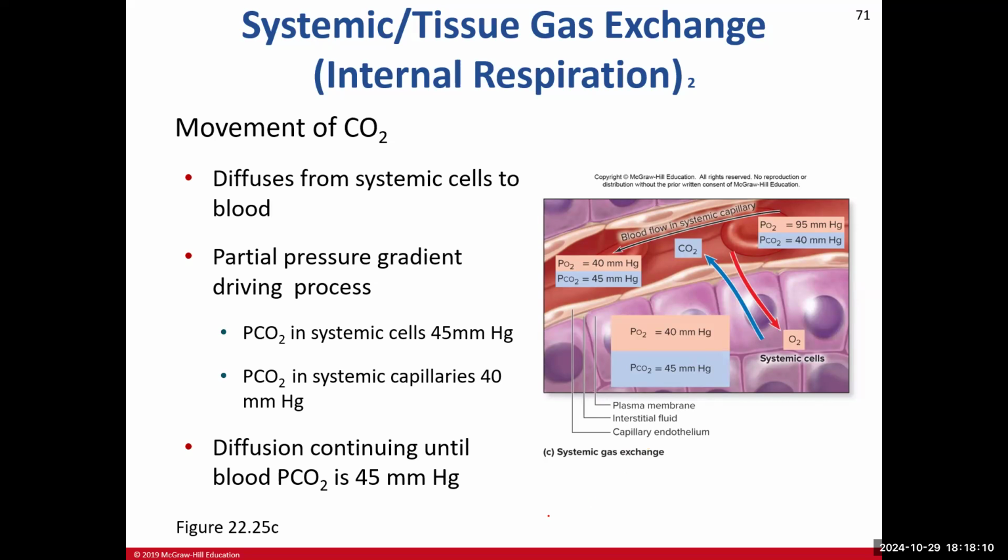So this partial pressure is going to drive that process of carbon dioxide leaving your cells and entering into your capillaries. And it's going to do so until we reach equilibrium, until the partial pressure of carbon dioxide in the tissue, which is 45 millimeters of mercury, is going to equal the partial pressure of carbon dioxide in your systemic capillaries.